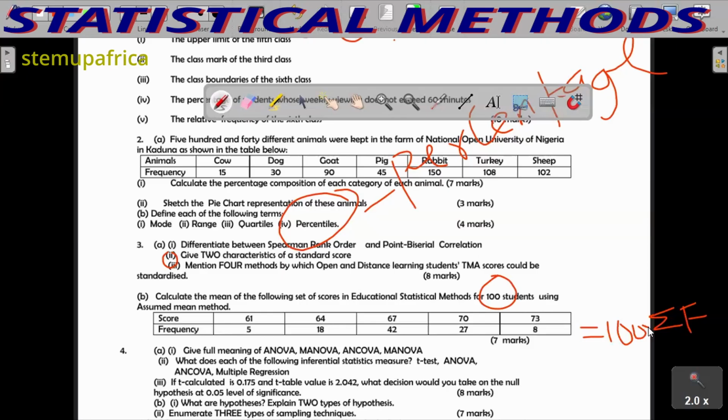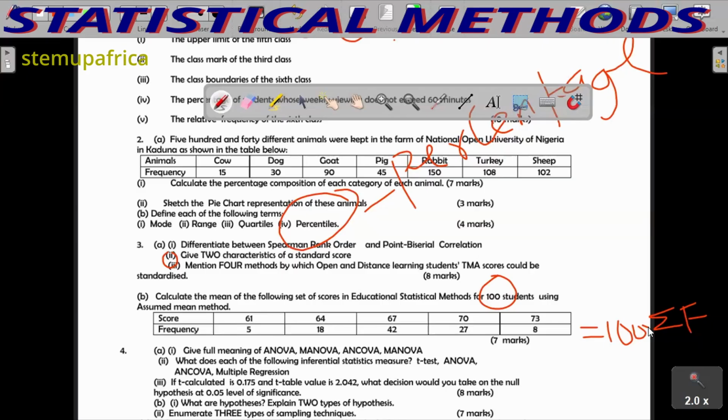You can try it out. 5 plus 18 plus 42 plus 27 plus 8 will give you 100. That is how you know whether the numbers you were given are correct. So in examination conditions, make sure you add up to be sure it is 100.